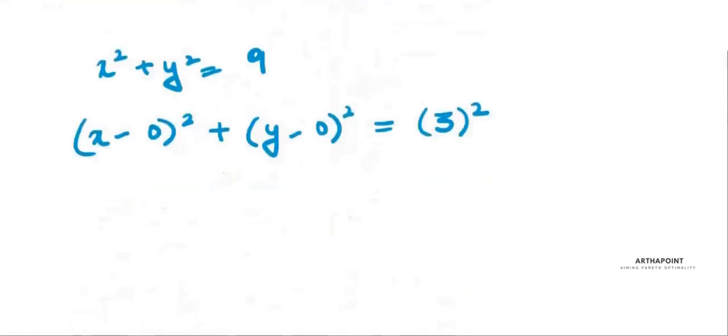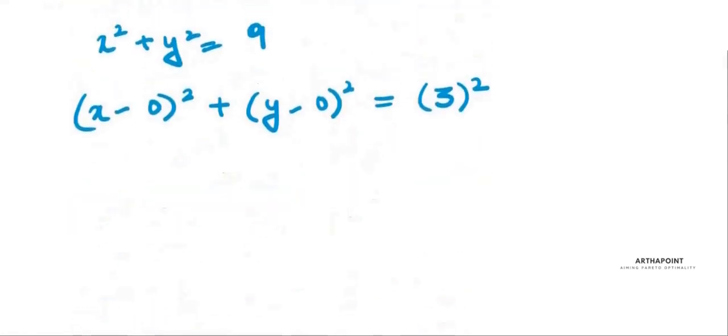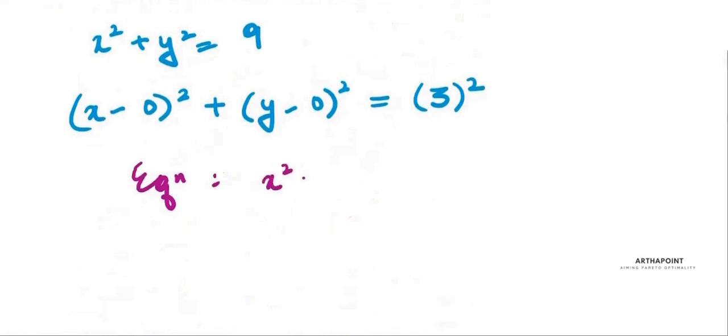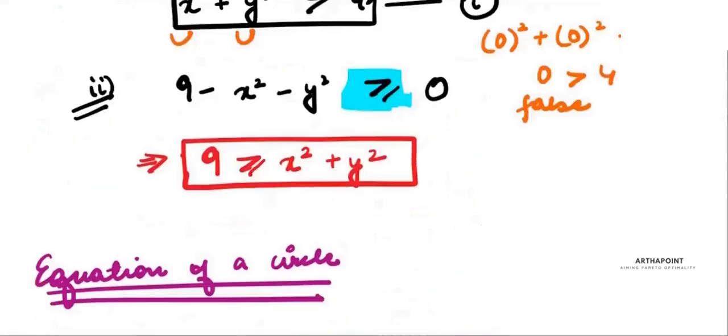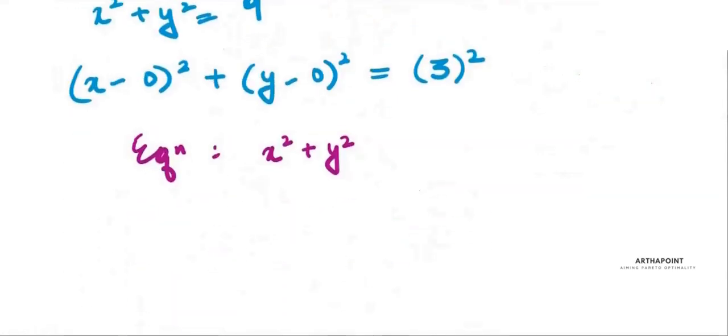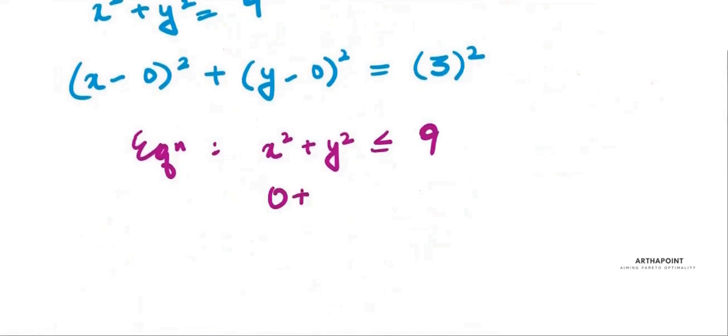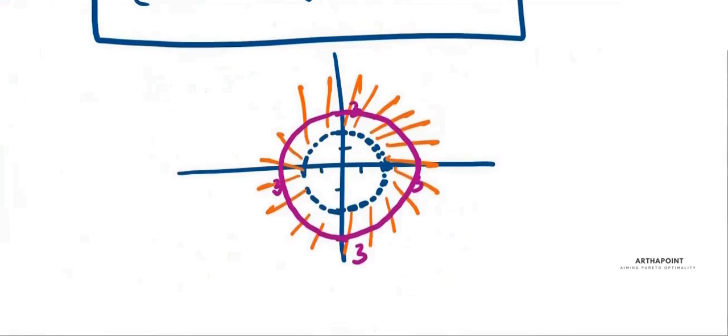Now, my equation was x square plus y square less than or equal to 9. So 0 plus 0 less than or equal to 9. This is true, so I mark towards the origin. I'm going to start highlighting this towards the origin, including that circle, because equal to is also true. The equal to line is included.